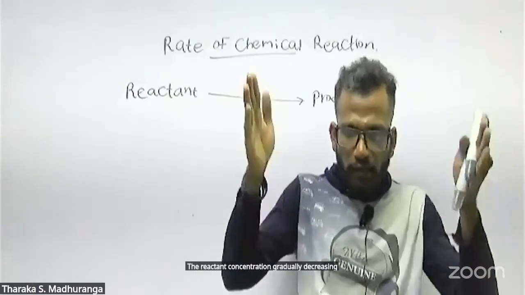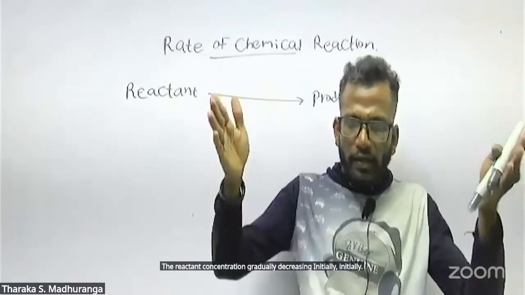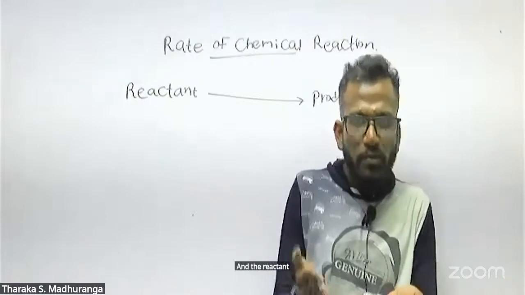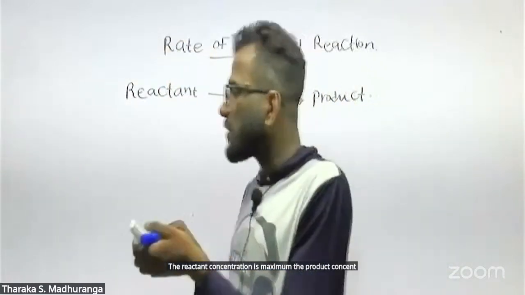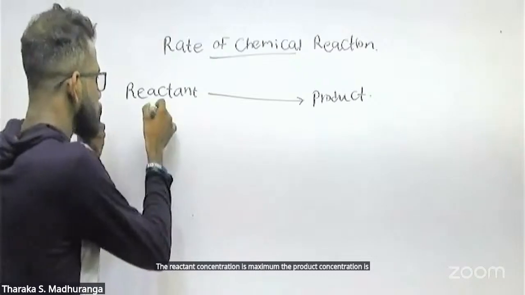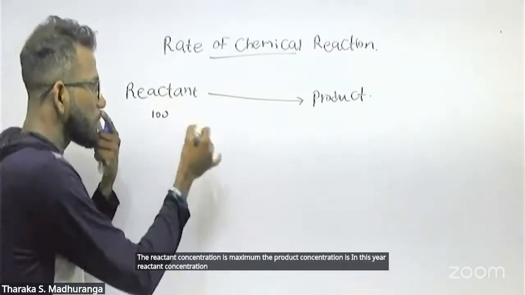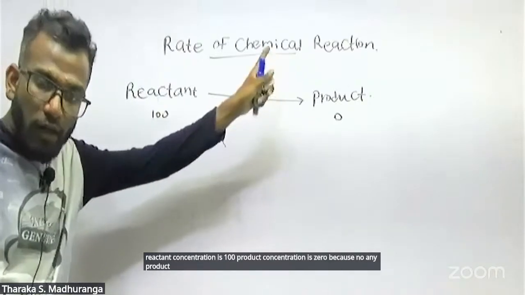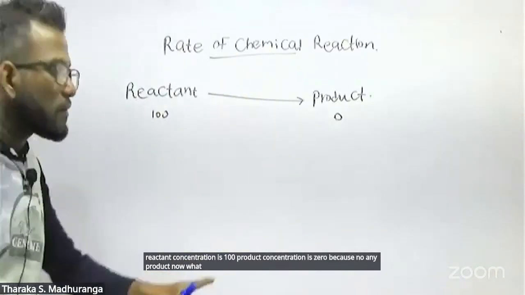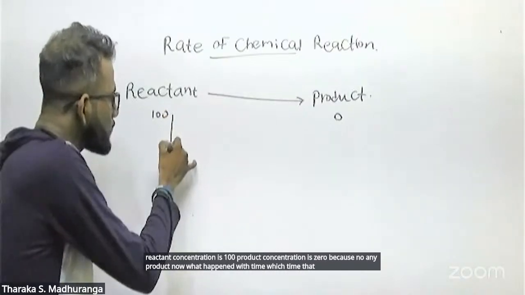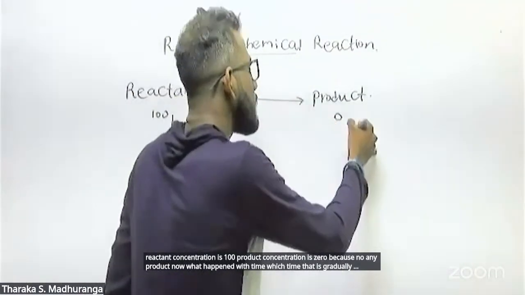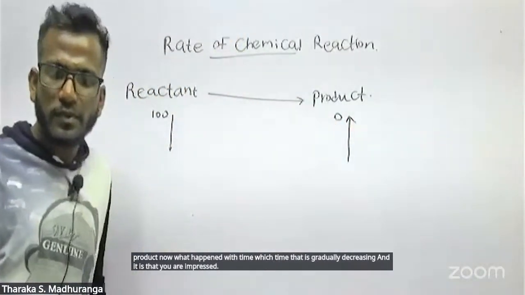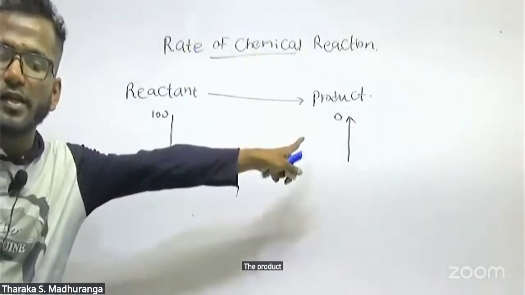Initially, the reactant concentration is maximum. Think, initial reactant concentration is 100. Product concentration is 0 because there is no product. Now what happened with time? With time, the reactant concentration is gradually decreasing and the product concentration is gradually increasing.